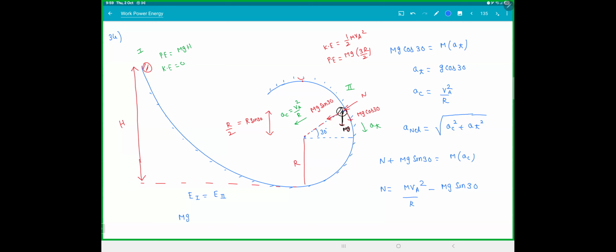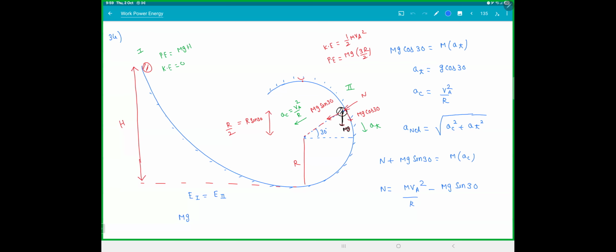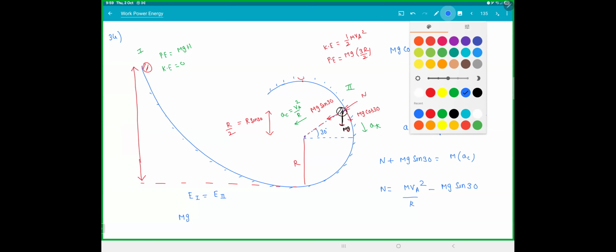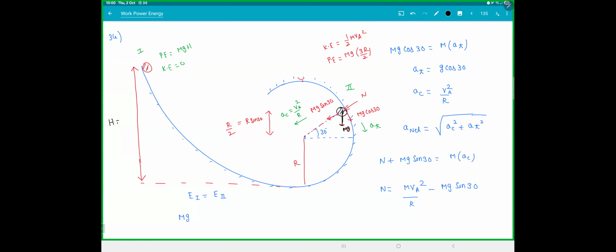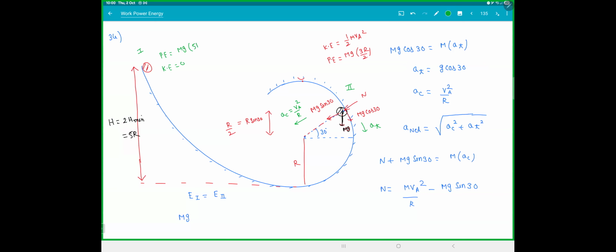This will be mgh. Now remember, in the second question it is given that h is 2 times h minimum, and we just calculated h minimum is 5r by 2. So this is 5r. Your initial potential energy is mg 5r. This will be mg 3r by 2 plus half m vA square.